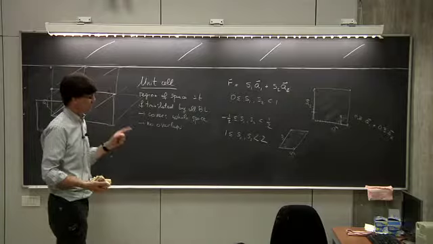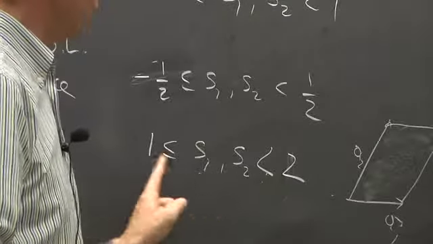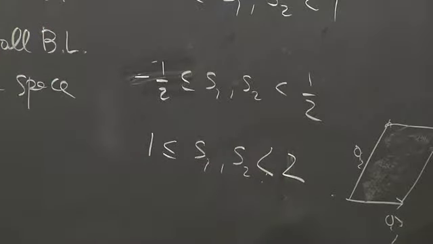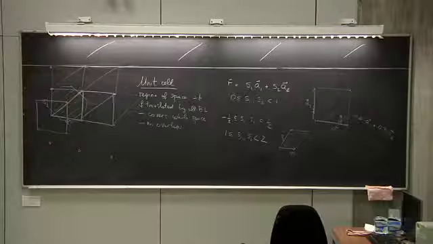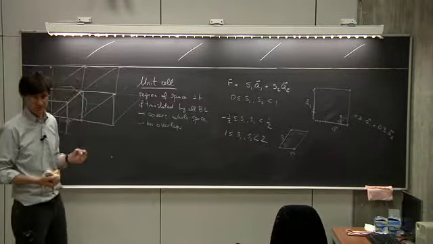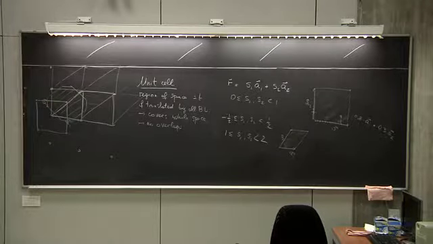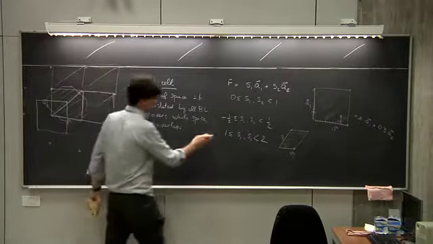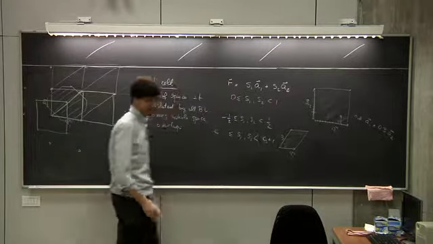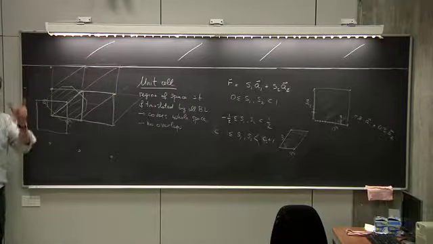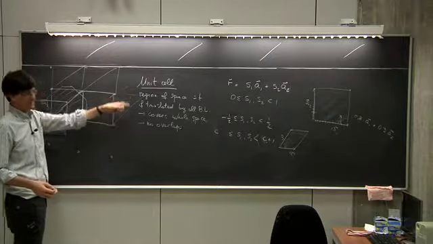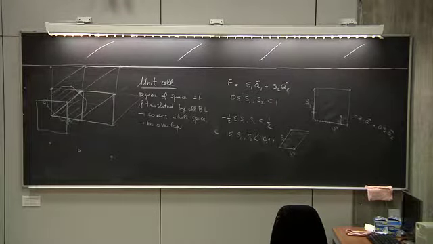Of course, you have to make sure that you limit your choice of S1 and S2 to a range of length 1, essentially. If it's more than 1, then you're going to have overlaps. If it's less than 1, you're going to have empty spaces, right? In fact, in principle, it can be any constant and constant plus 1, right? You would just be translating your unit cell, but if you translate the unit cell, you're not losing these properties in any way.